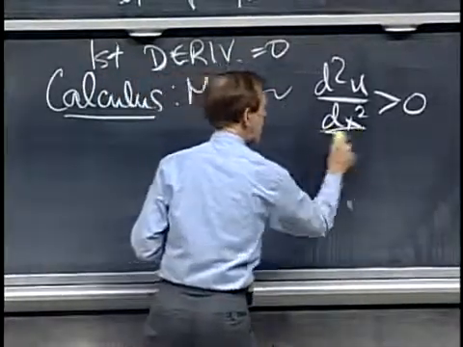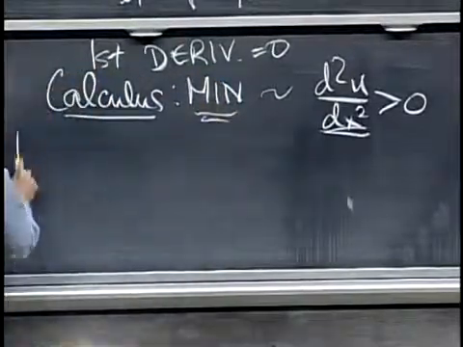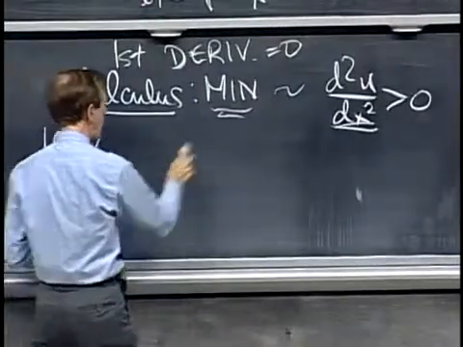It was the second derivative that told us we had a minimum. And now in 18.06, in linear algebra, we'll have a minimum.